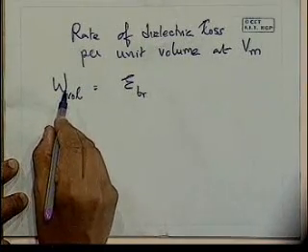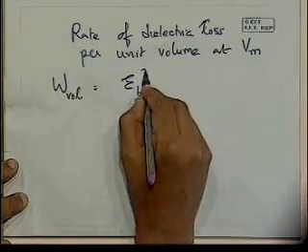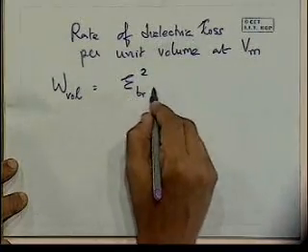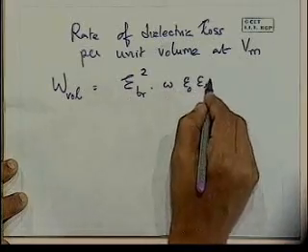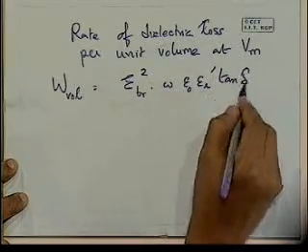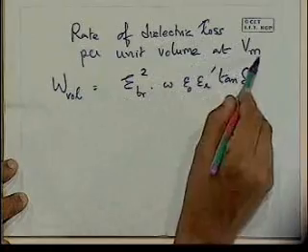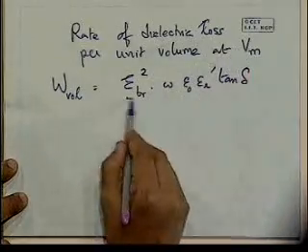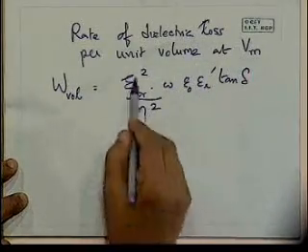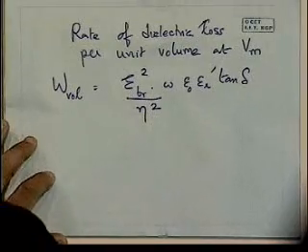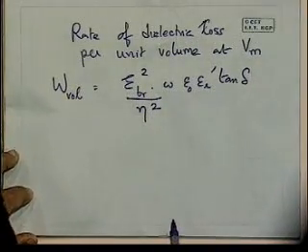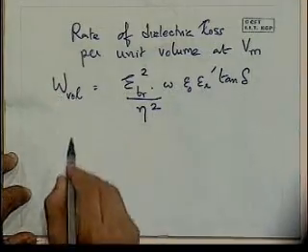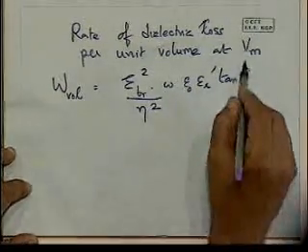Long back, in one of my earlier lectures I gave this, if you go back. It is E_BR squared omega epsilon naught epsilon r dash tan delta, except that now we are dealing with a maximum safe operating voltage, and so the E_BR squared by eta squared term comes instead of plain E_BR squared. So this is the loss per unit volume at Vm.